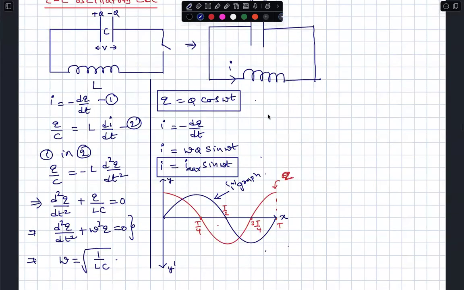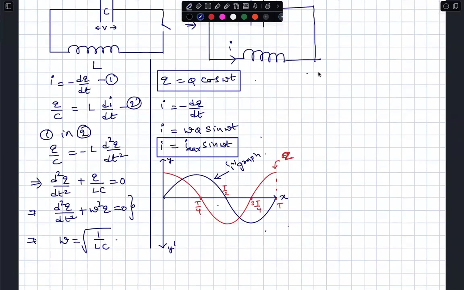Okay, mathematics says this. What is actually happening here? Let us try to study.